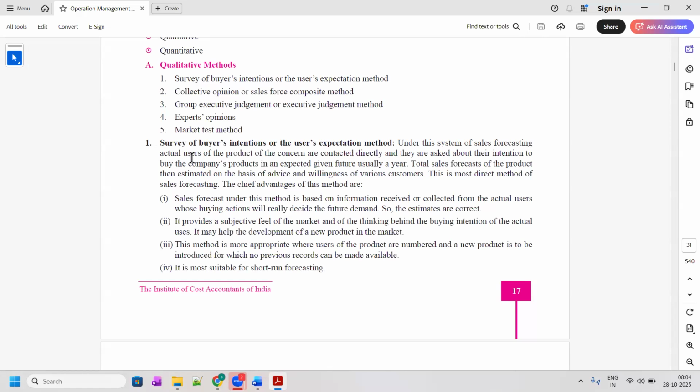Then the same thing can be replicated in the product innovations and product design, so that when the new product comes, it has more acceptability. So beta testing, alpha testing of a new product can be done, and once we feel that we are getting acceptability in the market, then we can do mass production and focus on a bigger region for selling our product. That can be the example of the market test method.